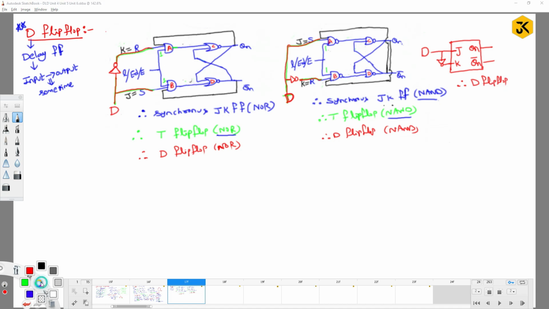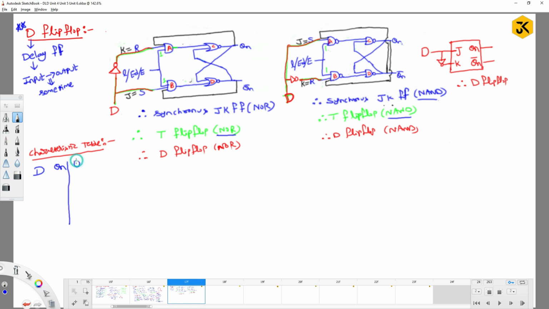Once we have drawn the circuit diagram, can we define its characteristic table? Yes, right? The characteristic table means how your circuit behaves for the input D and the present state Qn. Here I have taken one input D and the present state Qn.